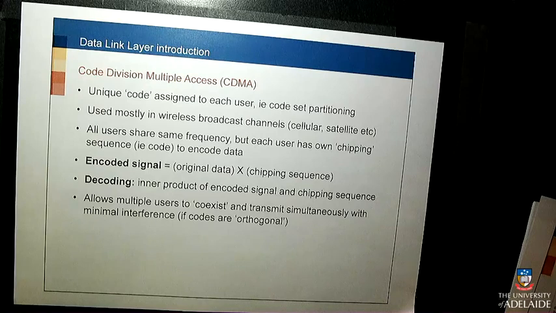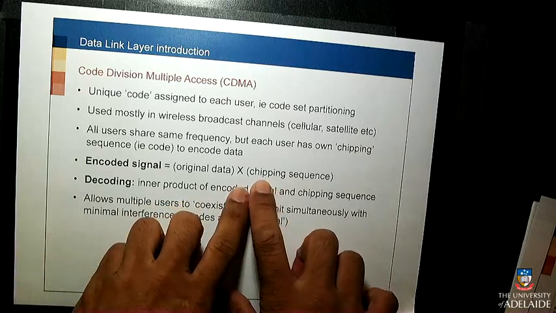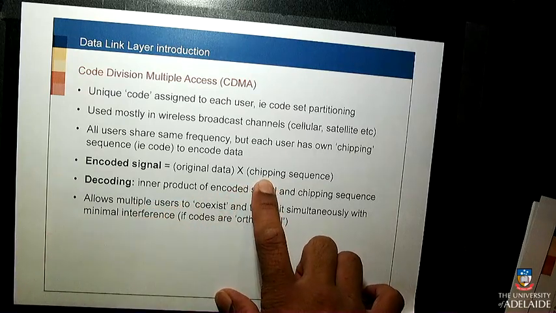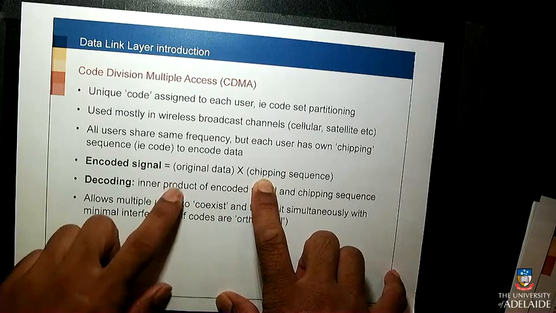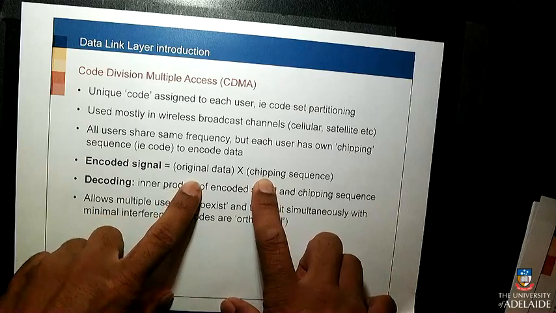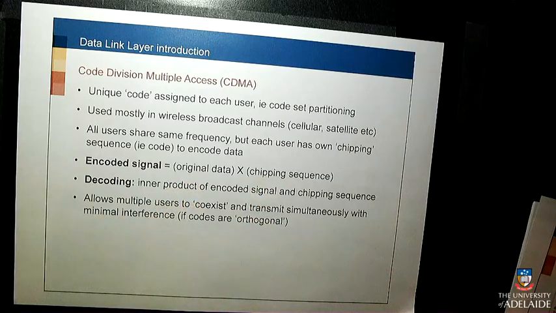If you take your signal and multiply it by one of these orthogonal codes, where orthogonal means two codes are at 90 degrees to each other, so that a dot product is 0, then it turns out that everyone has a unique code, called a chipping sequence, which is at 90 degrees to every other code, and you can recover the original signal. There is a slide with a very short animation. Maybe you can just look at that.